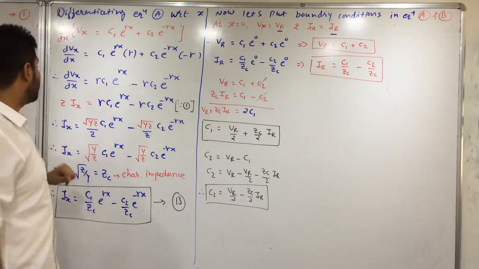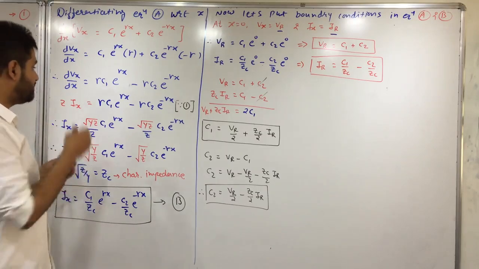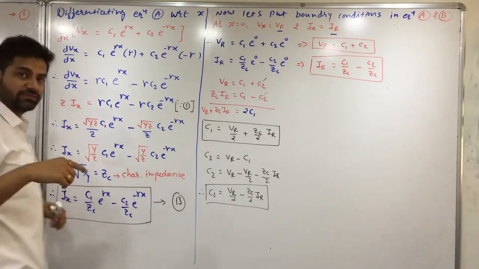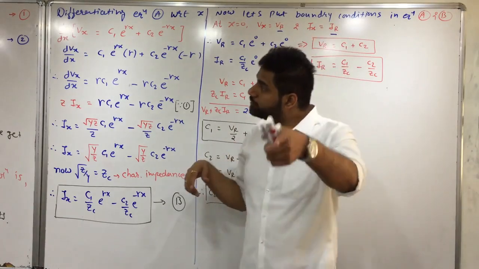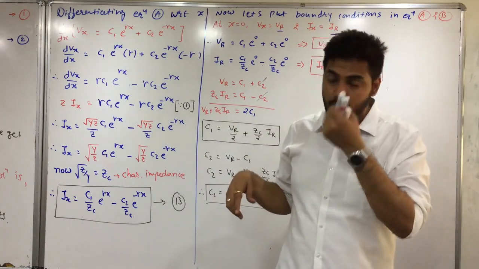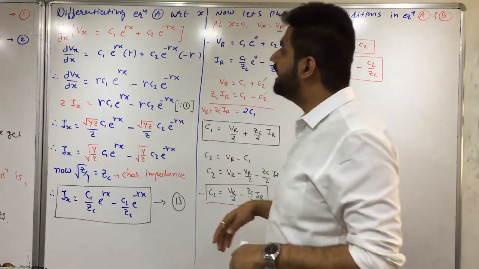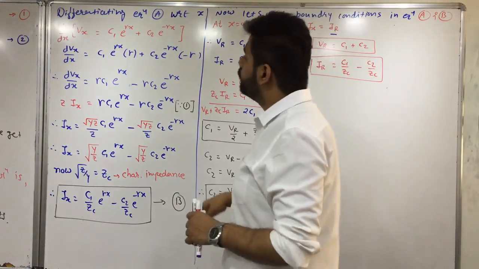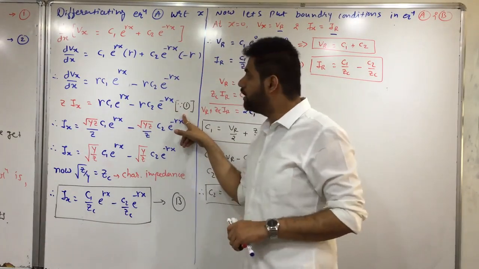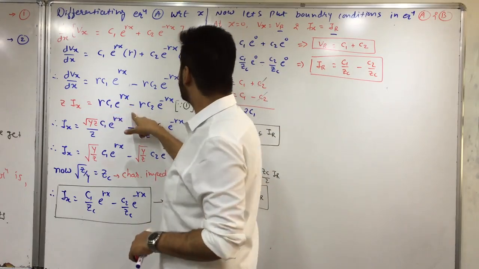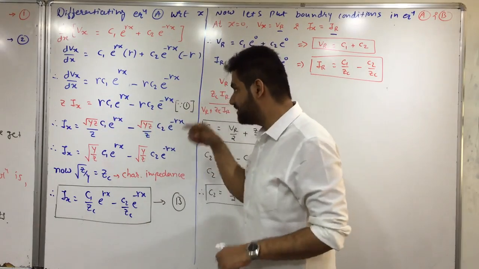Now obviously I know dVx by dx from equation number 1, which was there in the previous lecture video, which is equal to zIx. So dVx by dx is equal to zIx from equation number 1, and it's gamma C1 e raised to gamma x minus gamma C2 e raised to minus gamma x.